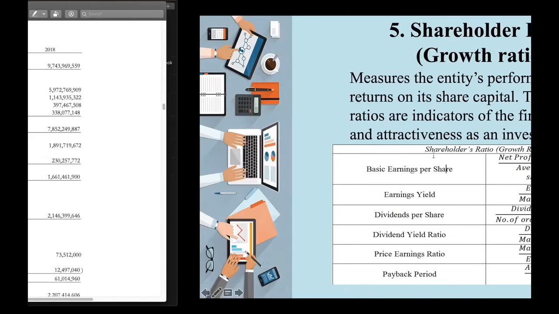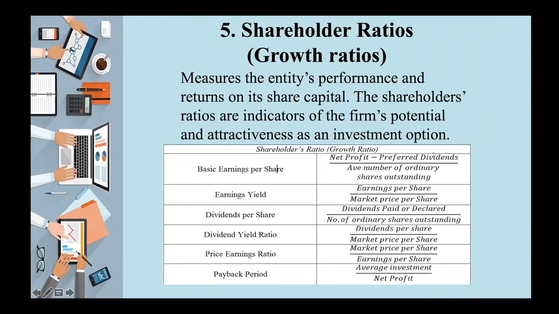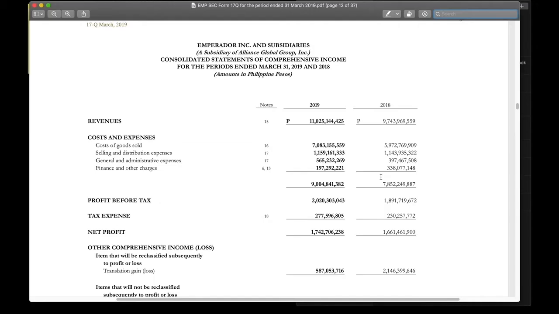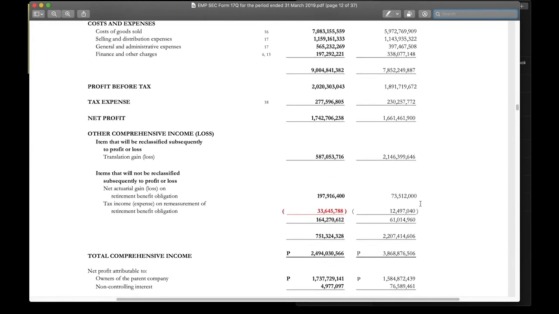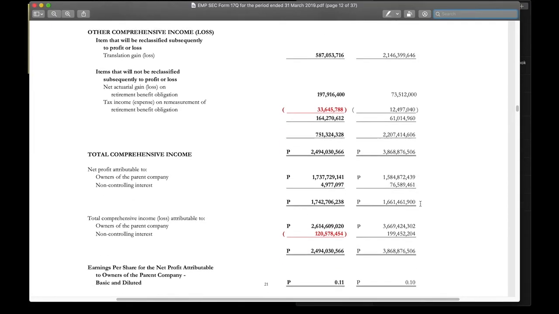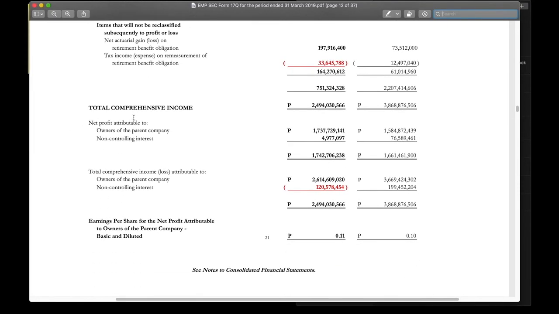Now, for year 2019. Okay, so for the preferred dividends, it is actually can be seen on the comprehensive income statement or the income statement. Dito siya sa bandang baba. As you can see here, we have the net profit attributable to owners of the parent company and to the non-controlling interest.